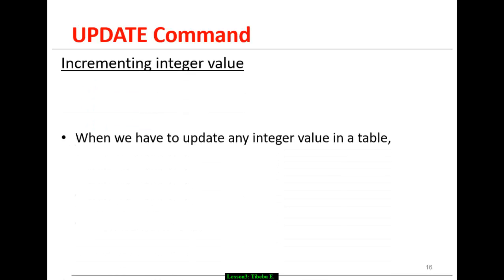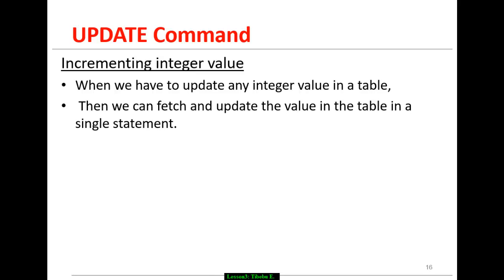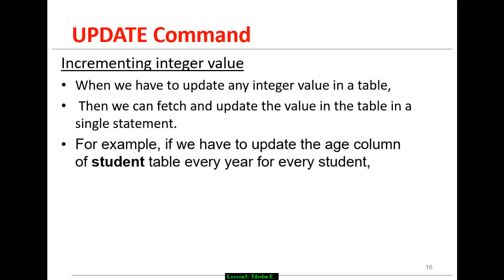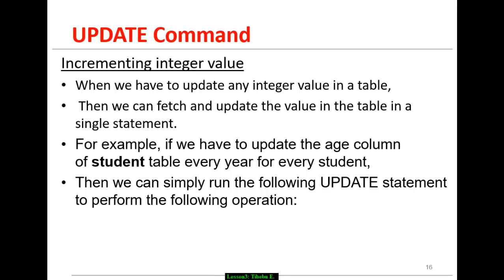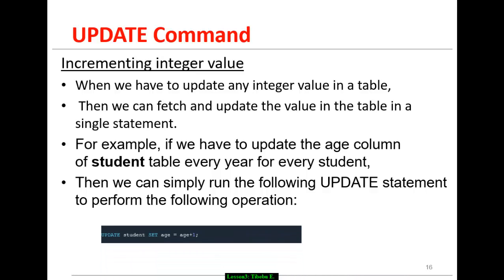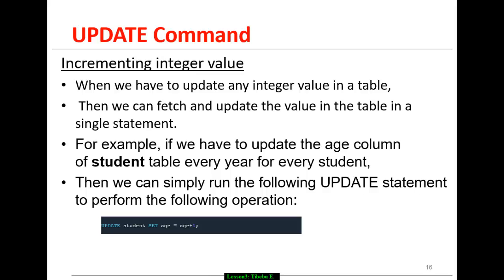Incrementing integer value. When we have to update any integer value in a table, then we can fetch and update the value in the table in a single statement. For example, if we have to update the age column of the student table every year for every student, then we can simply run the following update statement to perform the operation.